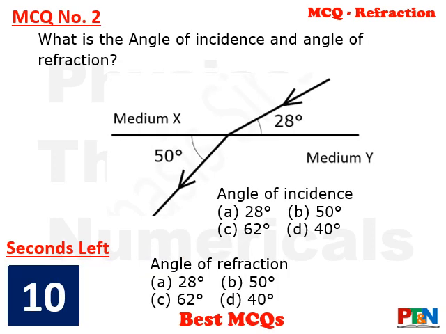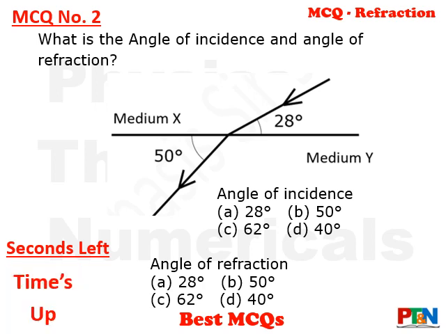Next MCQ. Again from the ray diagram of refraction, find out the angle of incidence and angle of refraction. Your timer for 10 seconds starts now. Time's up. Hope you have got your option. Let's see the answer.